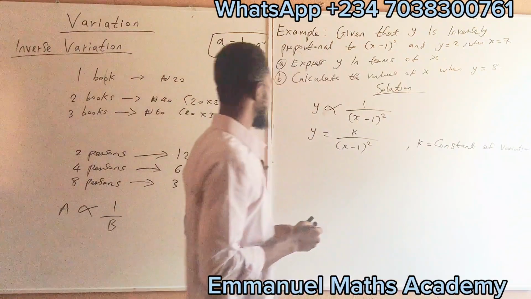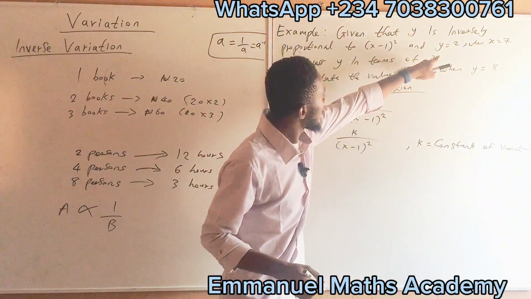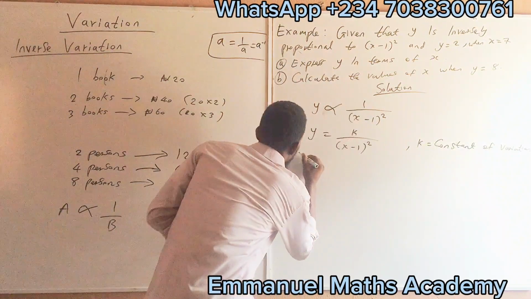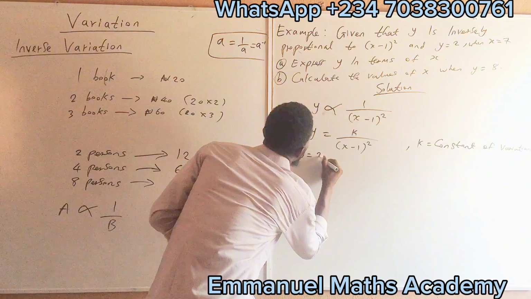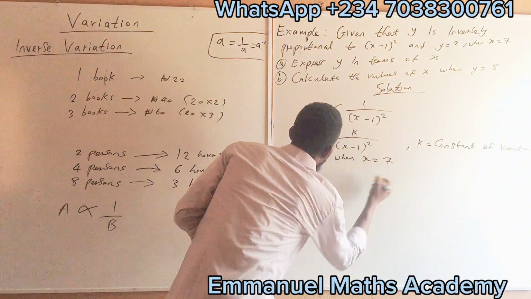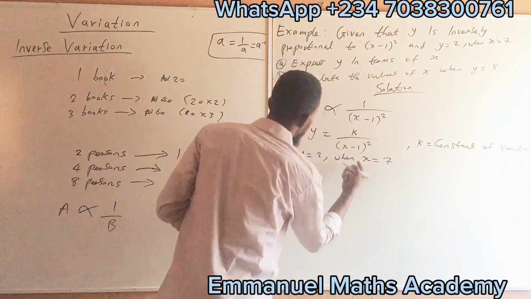Is that correct? Now we say that y is equal to 2 when x is equal to 7. Hence, we substitute the value of y and also the value of x here.